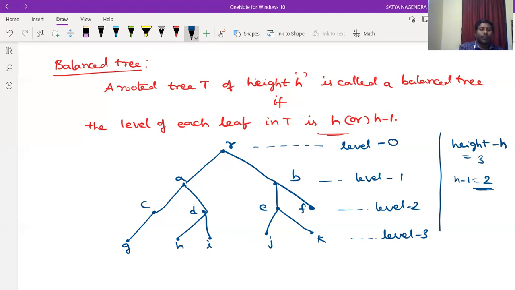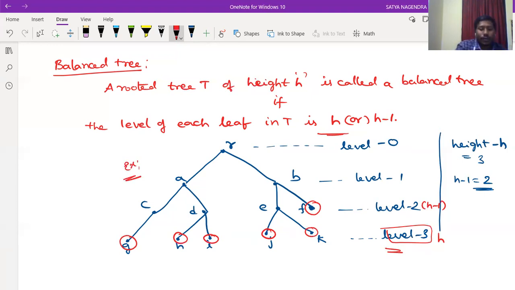Leaf nodes are G, H, I, J, K, and F. G, H, I, J, K are at level 3 and F is at level 2. So this is the height and this is H minus 1. So definitely this is one example for a balanced tree.